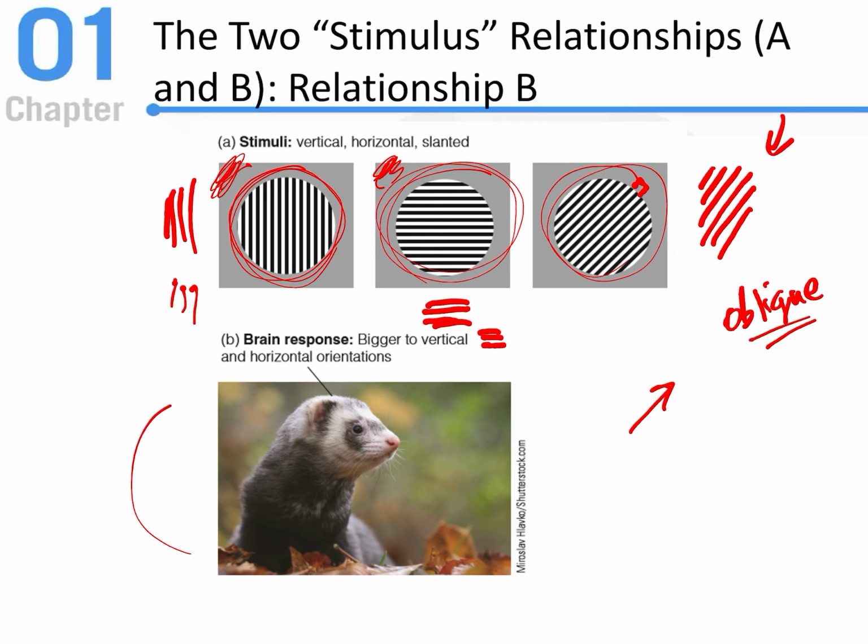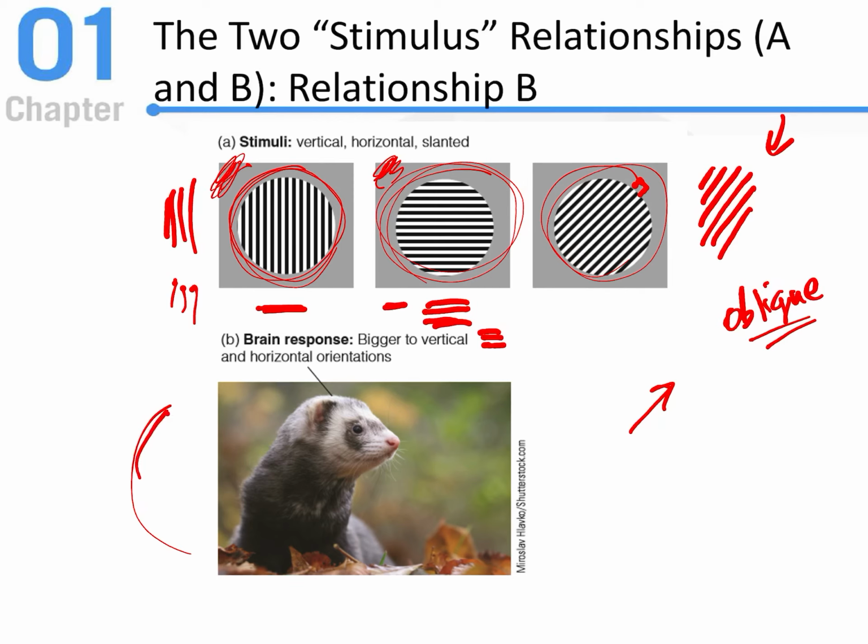And so if we test people, we find that they are much better at determining this acuity in either vertical or horizontal lines. Once you slant the lines and make them oblique, it becomes a lot more difficult for people to be able to determine the orientation and to see the difference.